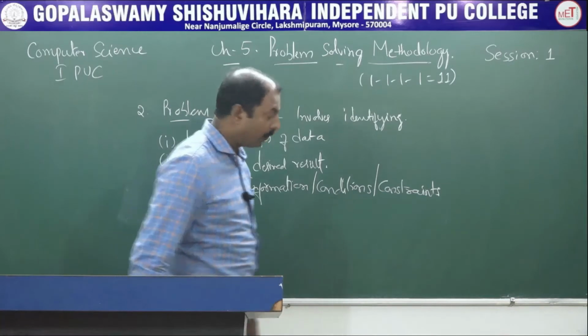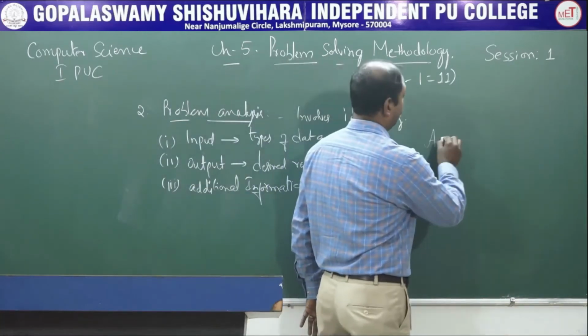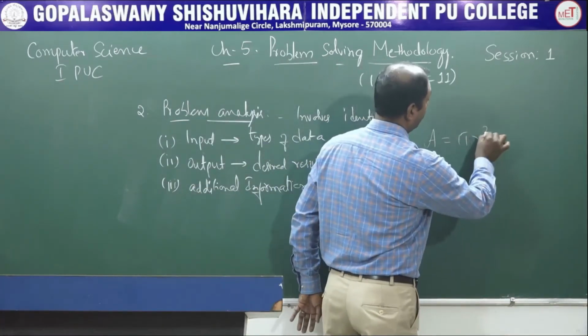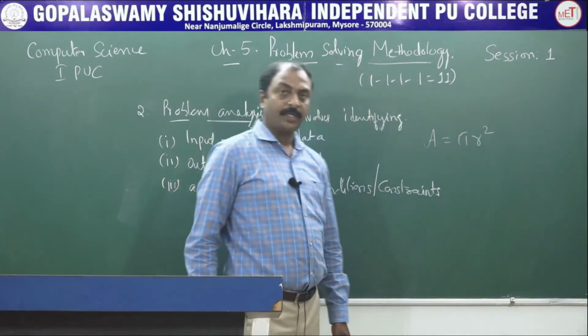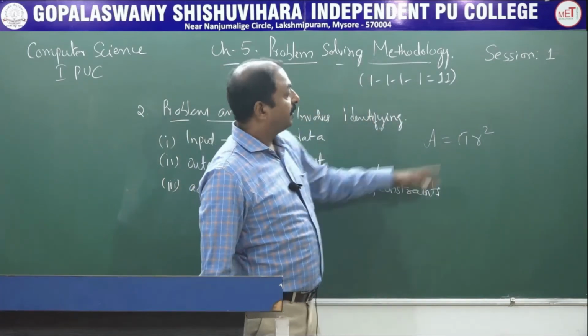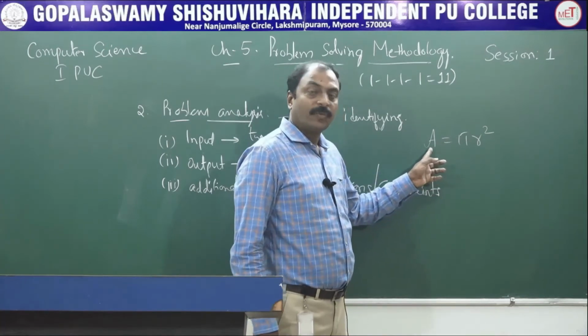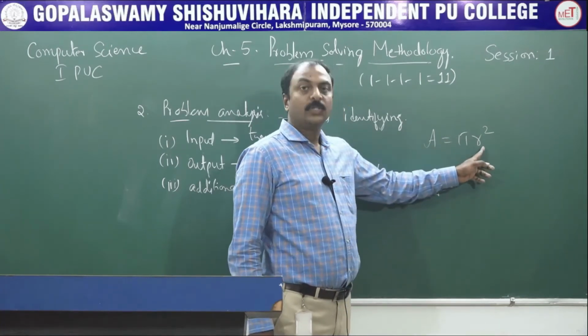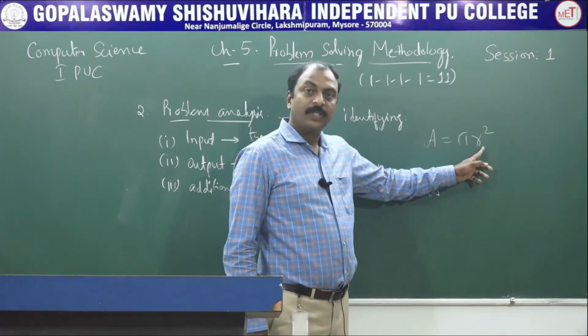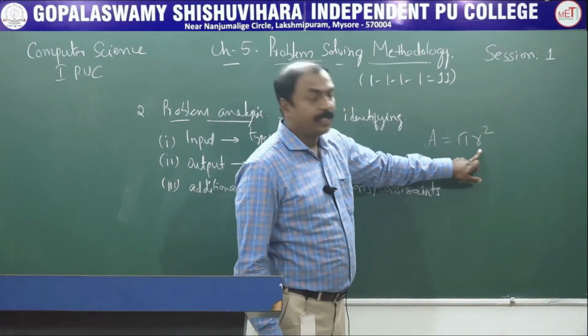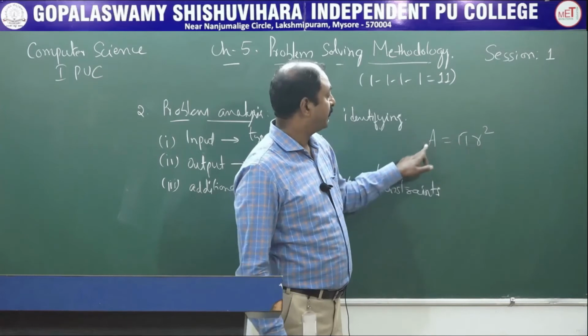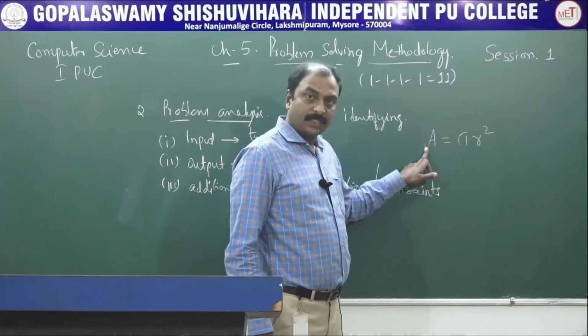Suppose I want to find out the area of a circle, you know what the formula is? Area of a circle is A equals pi r squared. Here, in this example, in order to find the area of a circle, we should know the value of the radius, isn't it? So we have to input the value of the radius in order to get the area of the circle.